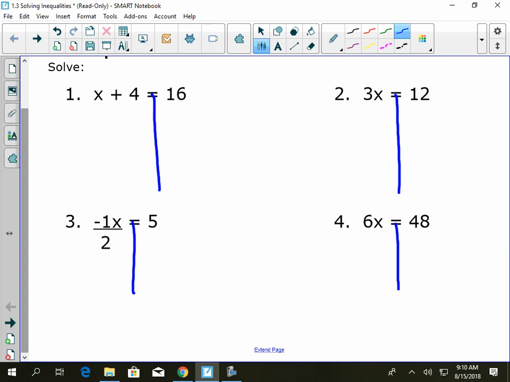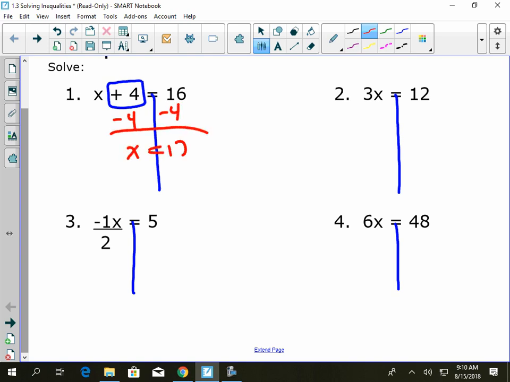There's something being added to it. What's going on between the x and the 2? It's division. What's going on between the 3 and the x? What's going on between the 6 and the x? Yes. So here it is. I have to get rid of that loner first.